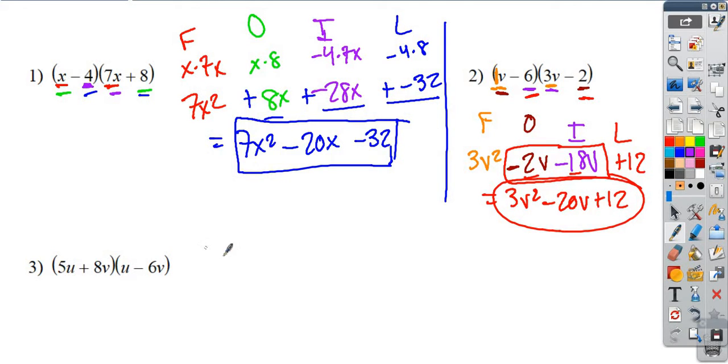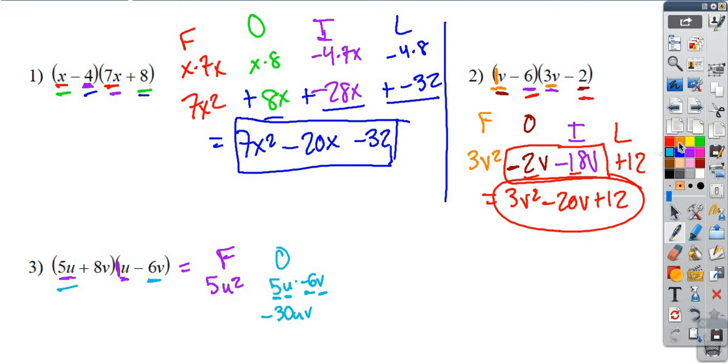And then the last one right here, the first terms are going to be 5u times 1u, that's a 1u right there, which would be 5u squared. Then the outside terms will be 5u times negative 6v. How do you do that? Well, you do 5 times negative 6, which is negative 30, and you do u times v, which is just uv.